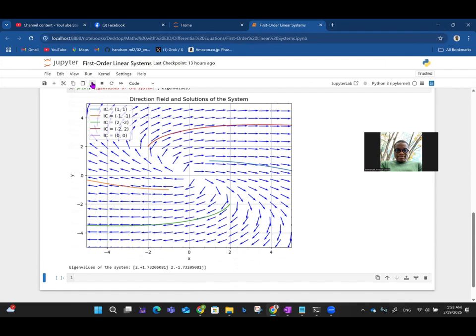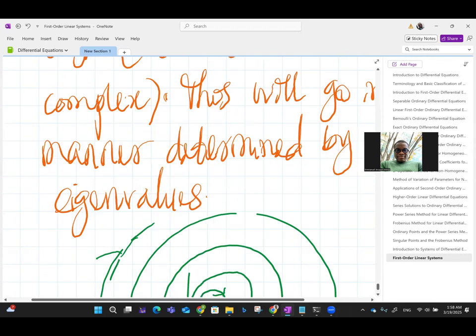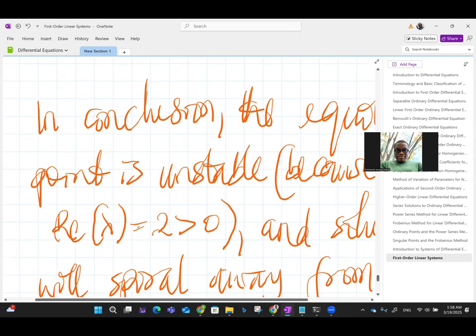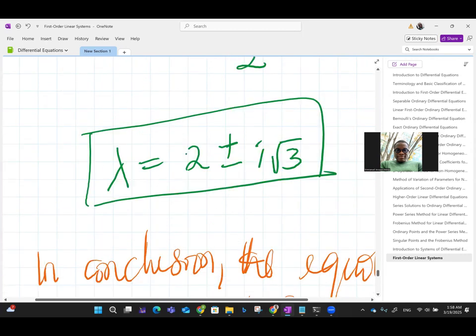And the spiral nature is due to the fact that the solution is complex. So you see the eigenvalues of the system: it's 2 plus root 3, that is 1.732j, that's the complex part, and the other is 2 minus 1.732j, just like what we exactly got, which works pretty well, because we have 2 plus or minus i root 3, and root 3 is 1.732.